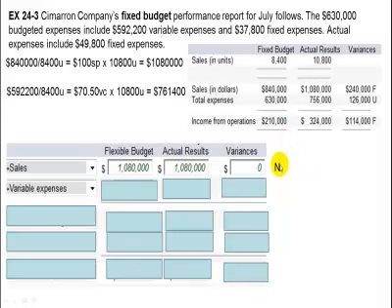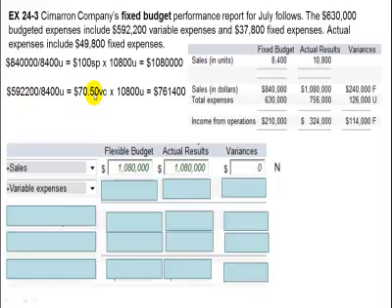So if I know that my variable expenses were $592,200, and that was based on unit sales of 8,400, then I can divide 8,400 units into the variable portion of those expenses to come up with the variable cost per unit of $70.50.